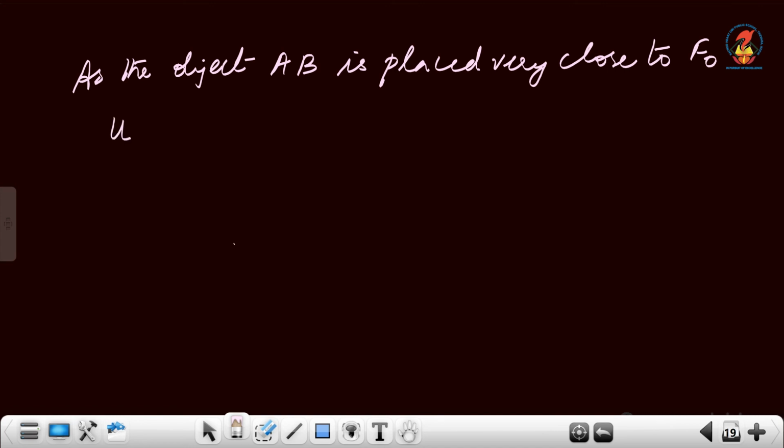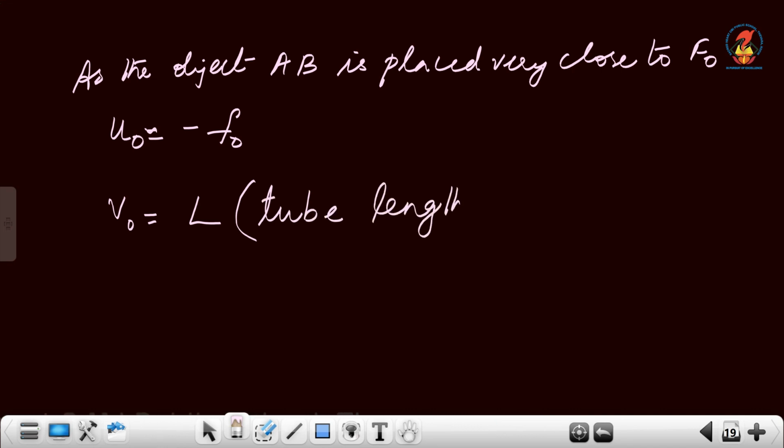We can write u0 is approximately equal to minus F0, and V0 is equal to L, where L is known by the name tube length.